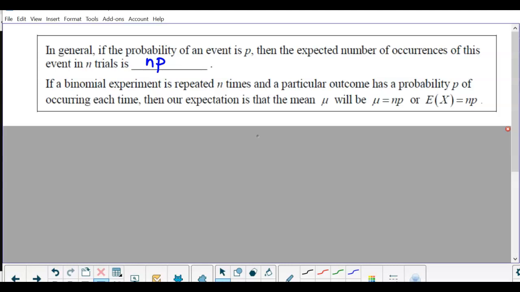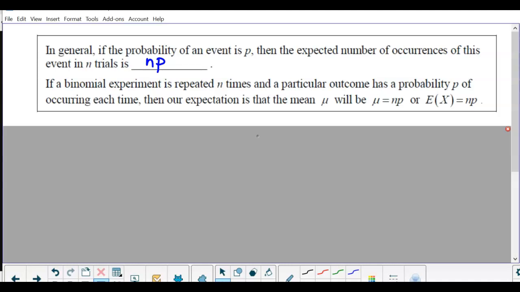Okay. If a binomial experiment is repeated n times, and a particular outcome has a probability of p of occurring each time, then our expectation is that the mean, which is also sometimes written with the symbol mu, is np, or the expected value of that event is np.